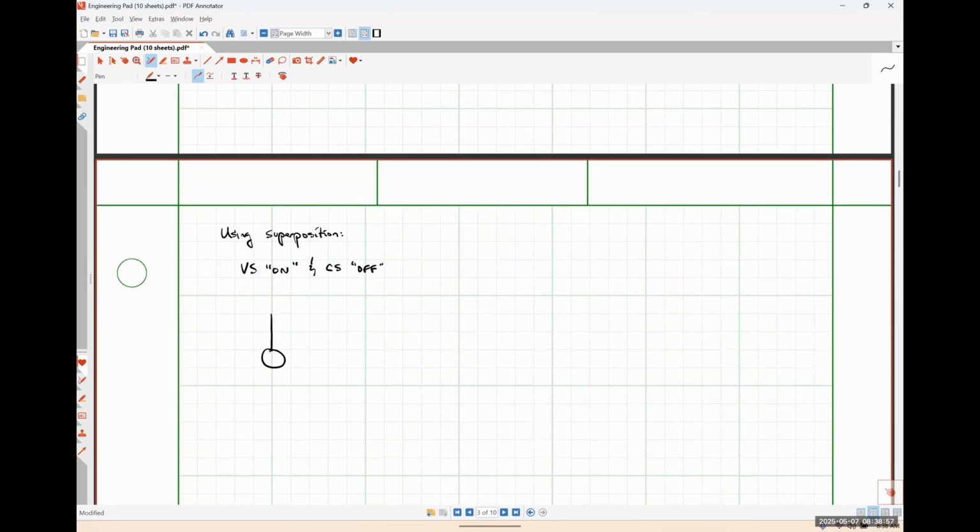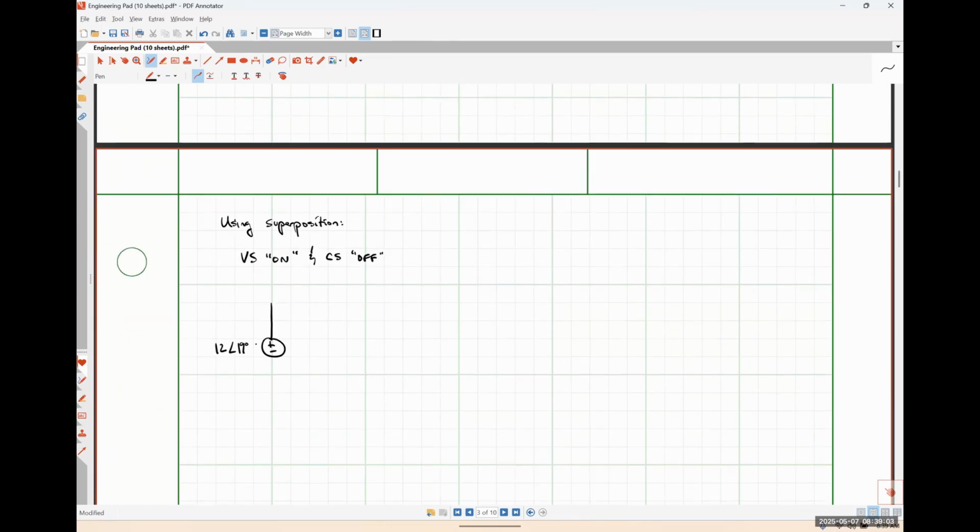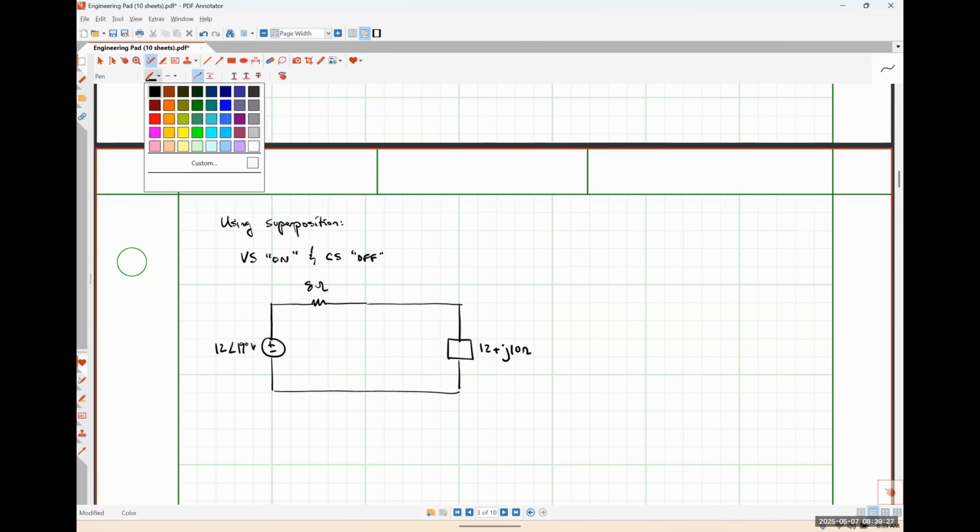So here's my 12 angle 19, if I think that's right. This is my 8 ohm resistor for what it's worth here.